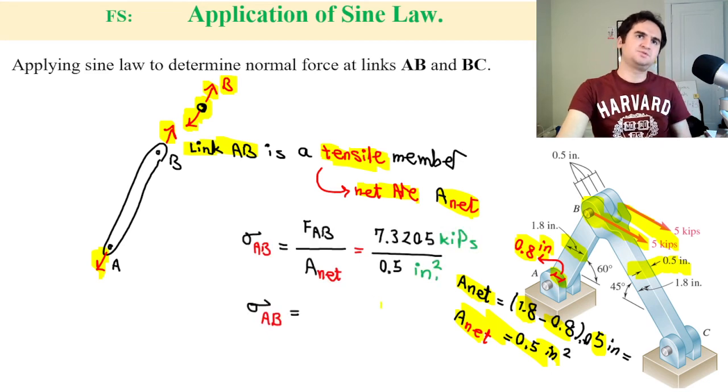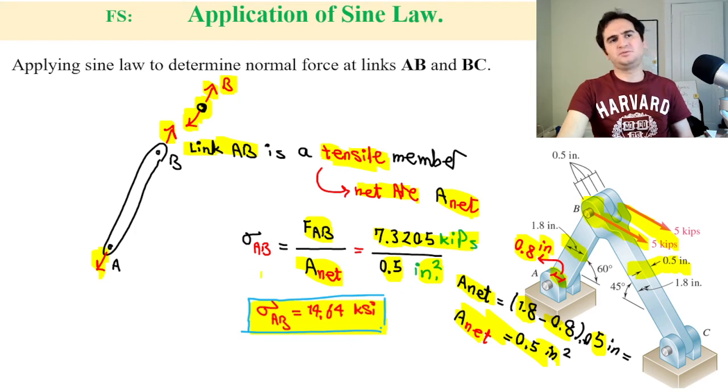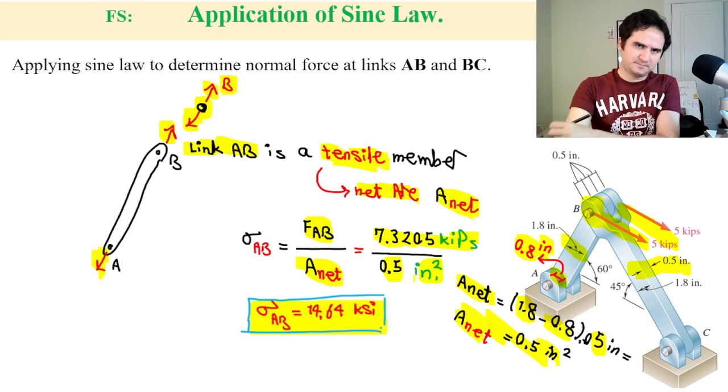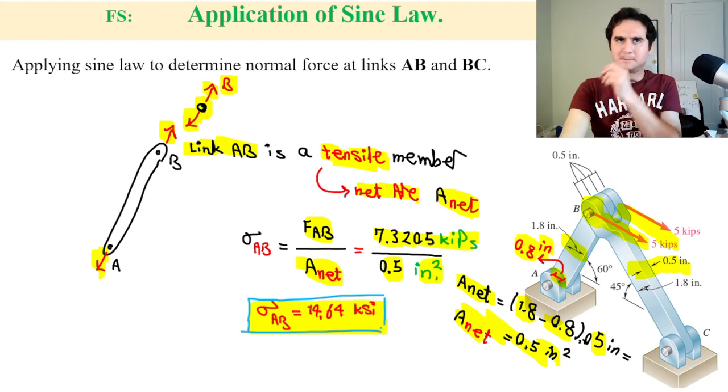We already calculated FAB is 7.3205 kilopounds, and if you divide the two numeric values, you get sigma AB under tension, so it's a positive 14.64 KSI, which stands for kilopounds per square inch.